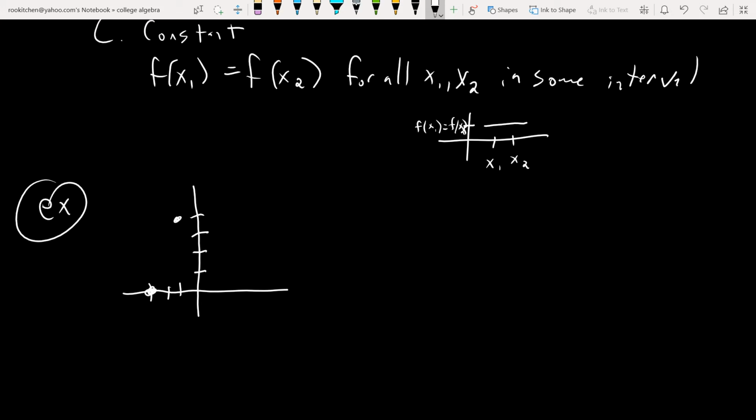And then at 0, 3, there's a dot there. And then at 1, 0, there's a dot there. And here's our graph. Okay, so basically an upside down parabola. Okay, so they want to know the open intervals of increase and decrease and wherever it's constant.